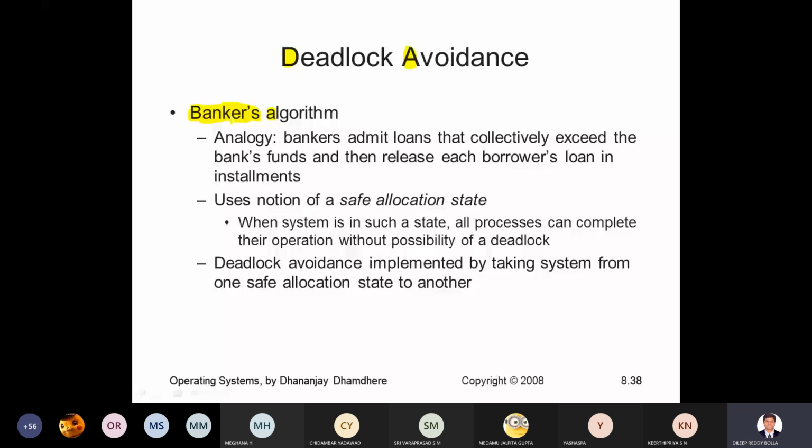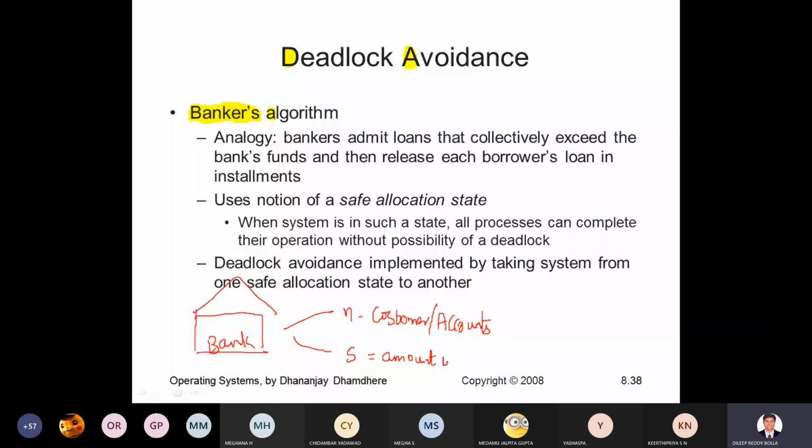Let us take any bank. This is your bank. This bank will have n number of customers, or let us say n number of accounts, and it will have some amount of money.